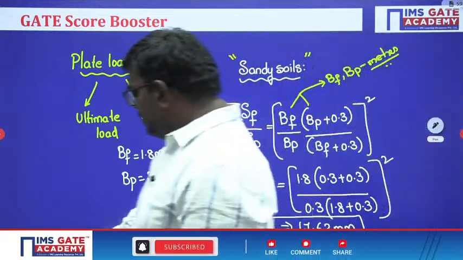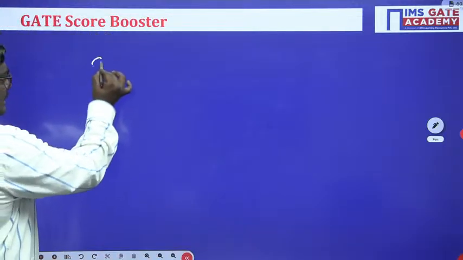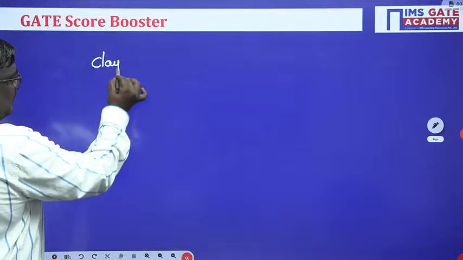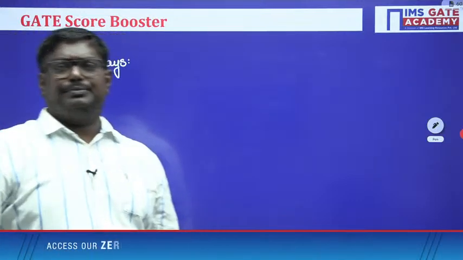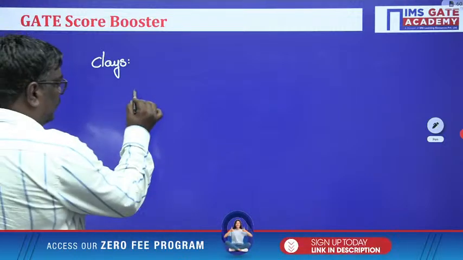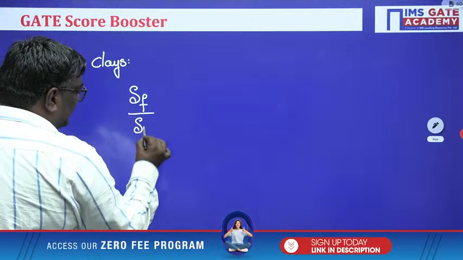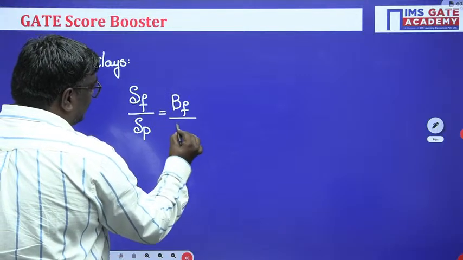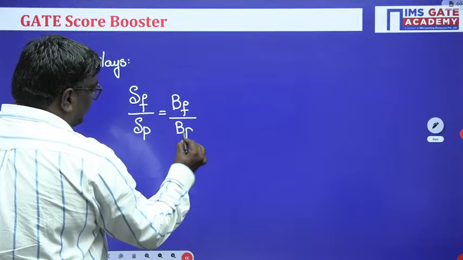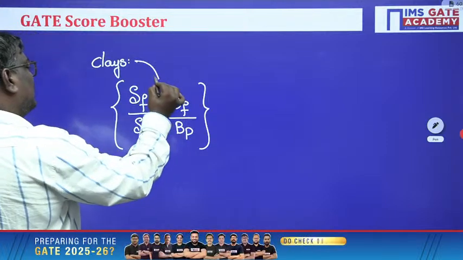So people are accustomed to learn this formula in sandy soils. But let me tell you, my dear students, there is another easy formula if they give you clays. To find out the settlement of foundation in clays, SF by SP is equal to breadth of the foundation upon breadth of the plate. So this is the formula in case of clays.